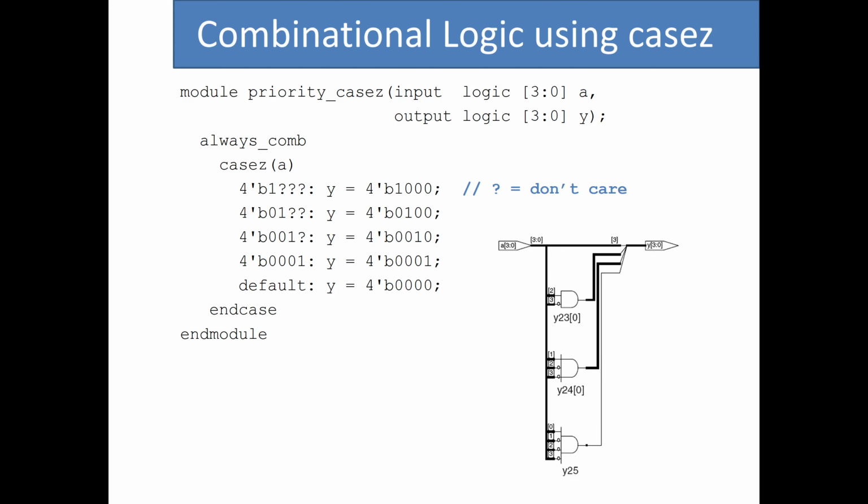But what if we want to have some cases with don't cares? Let's say with regard to the priority circuit that we talked about before, there are some variables that are don't cares for some combinations. If we don't want to include all the possible combinations, there should be a better way.